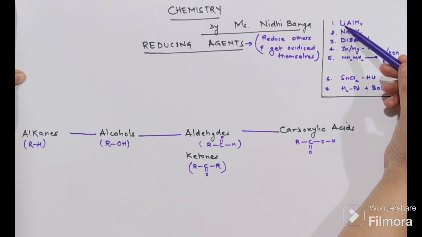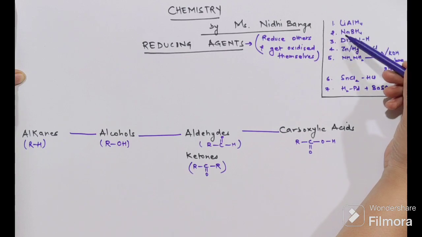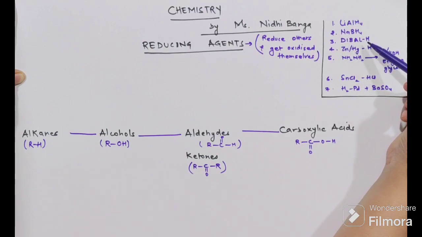For example, lithium aluminum hydride, sodium borohydride, DiBALH, which is basically diisobutyl aluminium hydride. So these three have hydride in them. So what is the role of hydride? How is hydride helping in reducing?